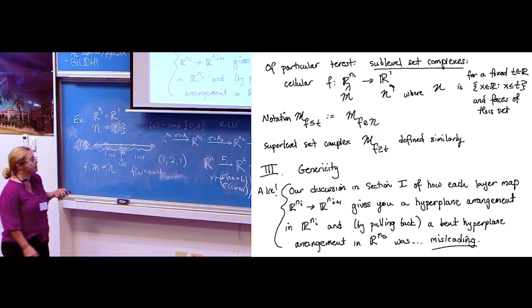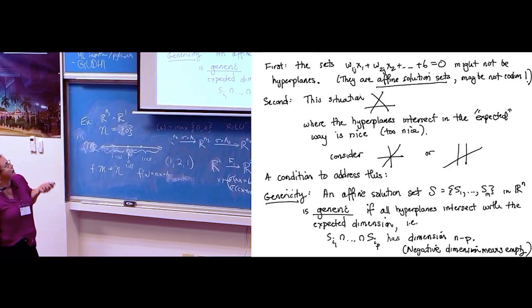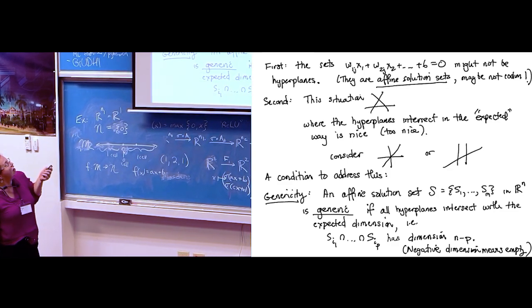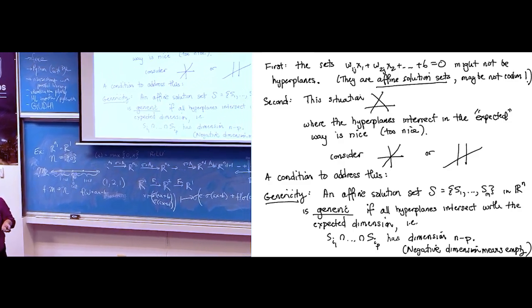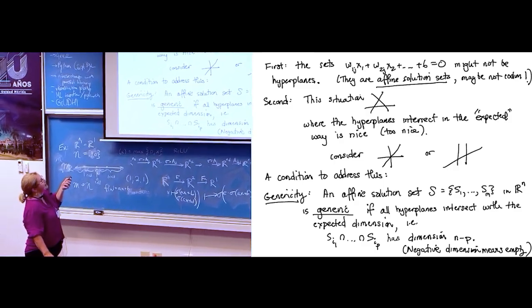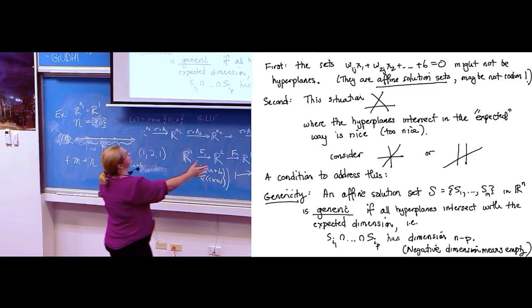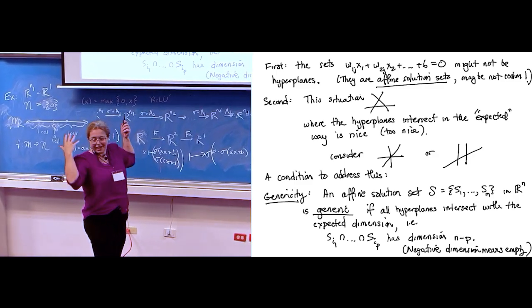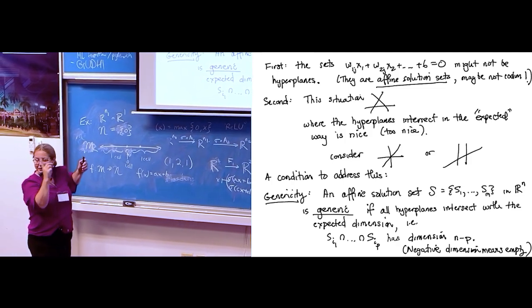Why not? There's a couple things that can go wrong. One thing that could go wrong is, what if all of your W's and your B are 0s? Then what this becomes is 0 equals 0. So your hyperplane is in fact the entire space, and pulling it back will give you something that does not look like codimension 1.